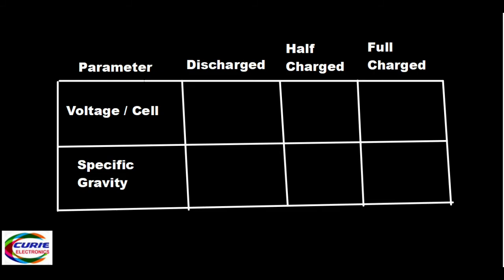This is for the lead acid cell. When a lead acid cell is discharged, it is going to have a voltage of 1.8 volt per cell, and its specific gravity is going to be less than or equal to 1.18.